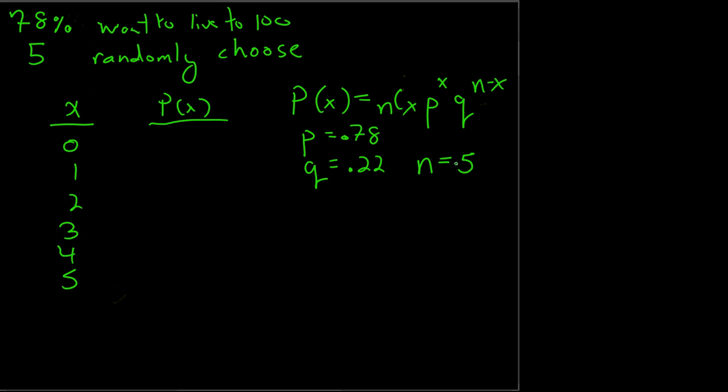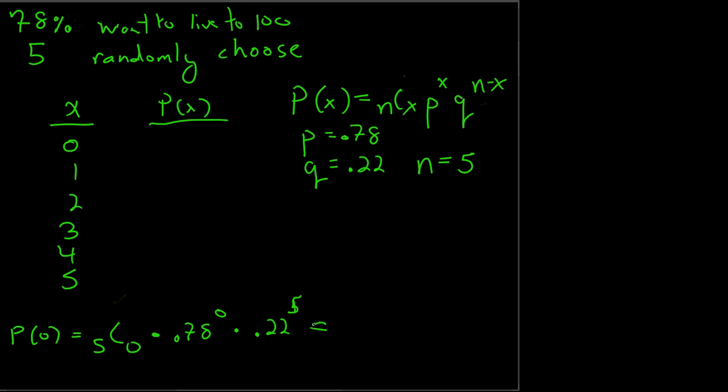All right, so again on our calculators, the P of 0 is going to be 5 choose 0 times 0.78 to the 0th times 0.22 to the 5th. Now, if you look at problem 4, I showed you how to do this both on the TI-30 XS and also on the TI-84 Plus.